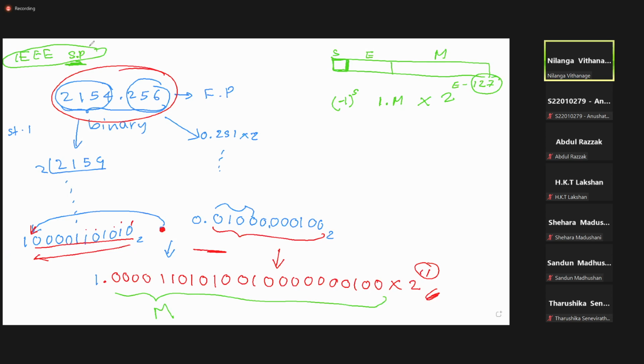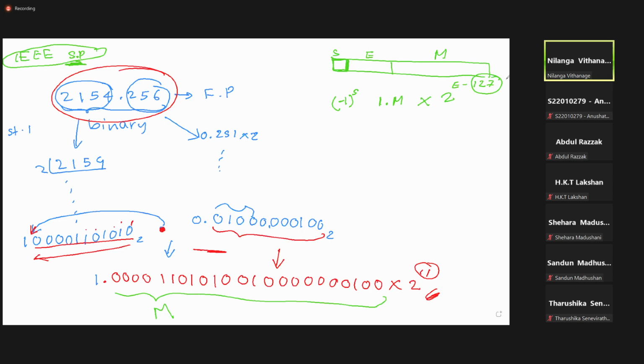So there is a way to calculate this one as well, but anyway, if you put E minus 127, it is totally enough. You don't need to calculate this value, 128 or 127, if it is single precision format, because it's a kind of default format in computers, right? Most computers use IEEE double precision or single precision format.